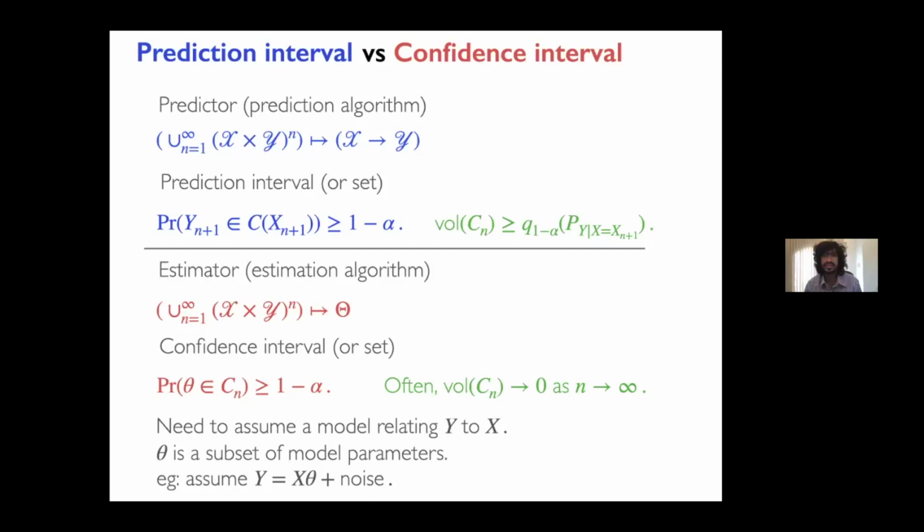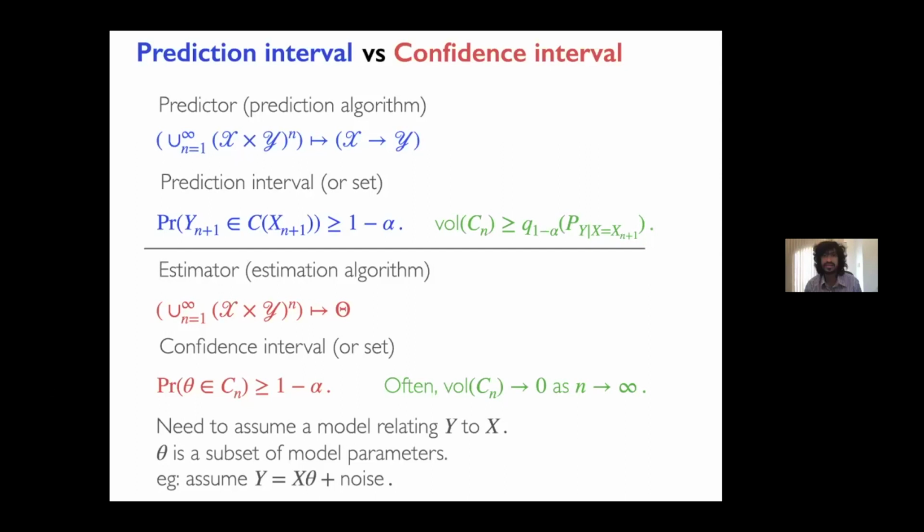So there's going to be some inherent unpredictability of y. Even if we had an infinite number of samples, for a new point we will never be able to predict y perfectly. There'll always be some amount of noise we won't be able to capture, and so that's also maybe a difference between prediction and confidence intervals.